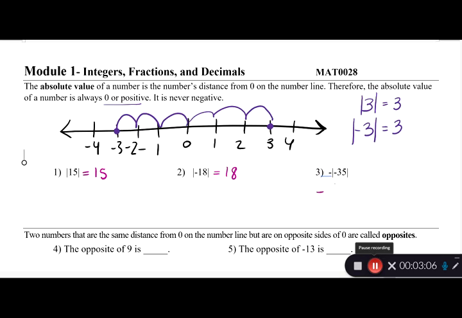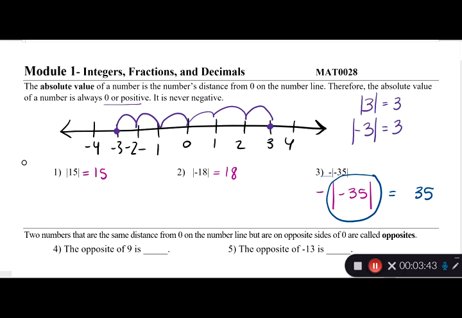So I want you to think about this kind of as two separate parts. We're going to start with this piece inside the absolute value, and we're going to kind of ignore that negative that's out front, okay? So think about the absolute value of -35. How far is -35 from 0 on the number line? Well, that would be 35, right?